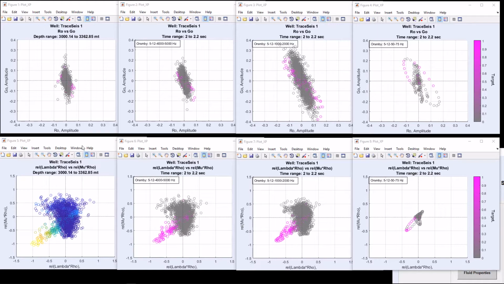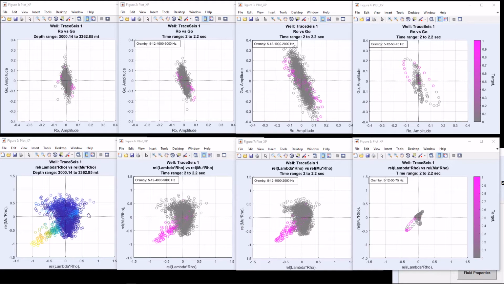The lower row is a similar analysis, but in this case using relative lambda rho and relative mu rho. The crossplot to the left shows the attributes computed in depth at well log resolution, and the next crossplot to the right shows the same attributes computed with very high frequencies, with the idea of matching the data in depth.